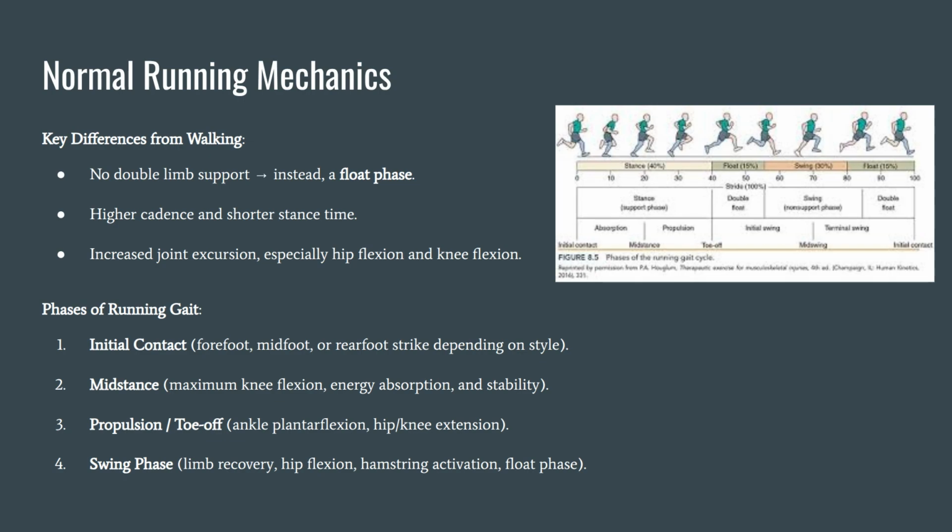And then we have the swing phase, which is also known for limb recovery, where we have increased hip flexion and eccentric hamstring activation. The faster you run, the more the ankle behaves like a spring and less like a simple hinge.